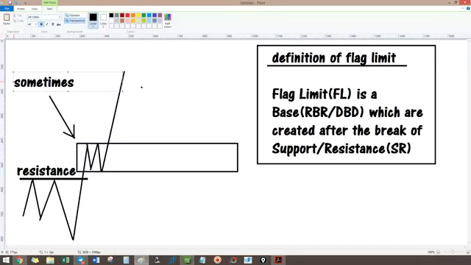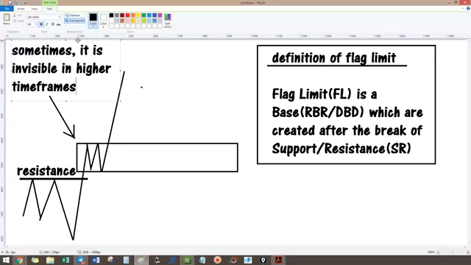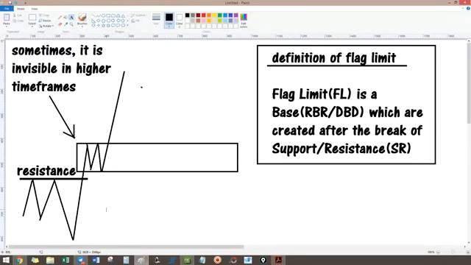Sometimes it is invisible in a higher time frame, and you need to go down to a lower time frame to see this. After the break of resistance, it usually needs some time to go up because it has broken an important level, so it needs some time and it will create a base.